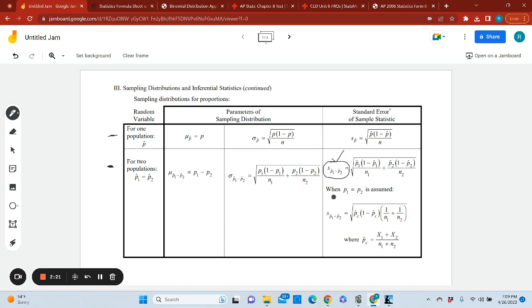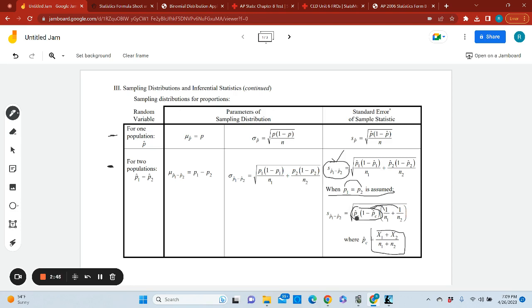And then down here, this is specifically for when you're running the significance test and you have to pool. Remember, we talked about pooling? If we're going to assume that population 1 and population 2 are equal, we need to pool. So this is how you pool. And I don't know why they write the formula like this. We should take this piece here and distribute it into these parentheses.